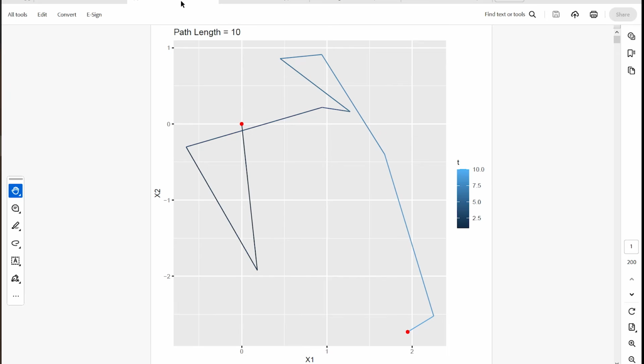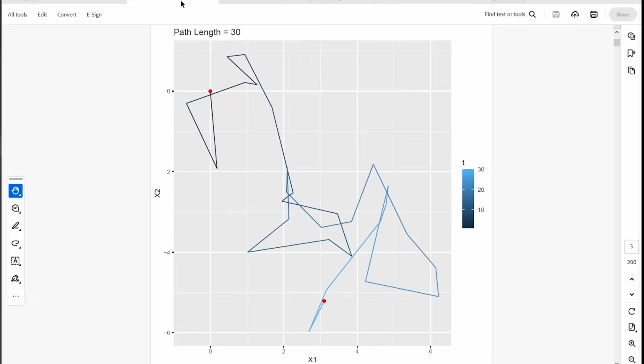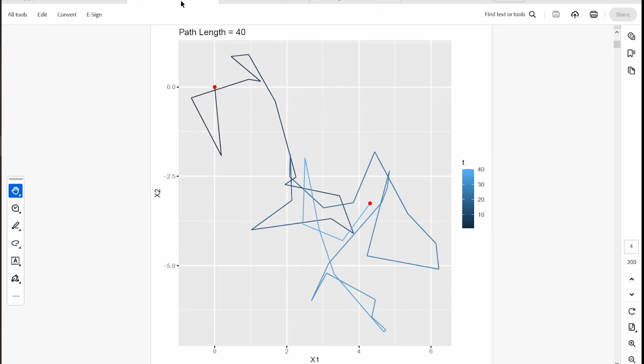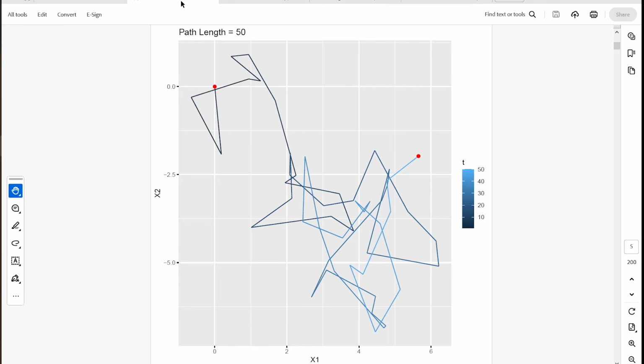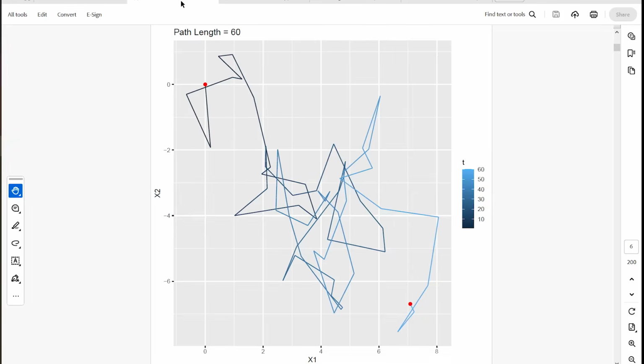For this simulation, we use Gaussian distributions. As I page through these graphs, one can see how a particle moving according to these dynamics will start at the origin and evolve to the final red dot.